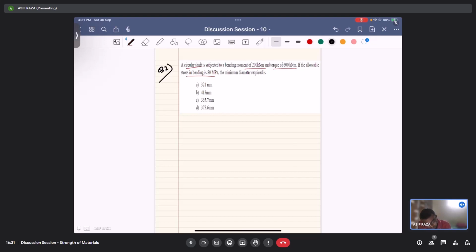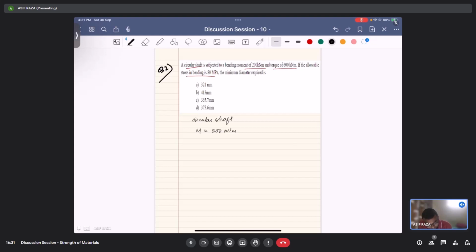We are given a circular shaft with a bending moment of 200 kilonewton meter. Since this won't be a direct case, we'll have to solve it further, so I'll convert everything into Newton and millimeter units.